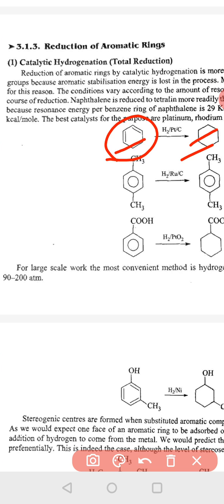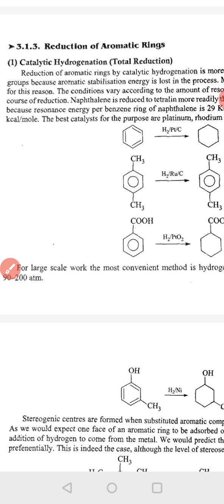Here, resonance energy per benzene ring of naphthalene is 29 kilocalories per mole, whereas for benzene it is 36 kilocalories per mole. So more stabilization energy is lost in reduction of benzene. So we need more vigorous conditions to reduce benzene than to reduce naphthalene. The best catalyst for this purpose is either platinum, rhodium or ruthenium.